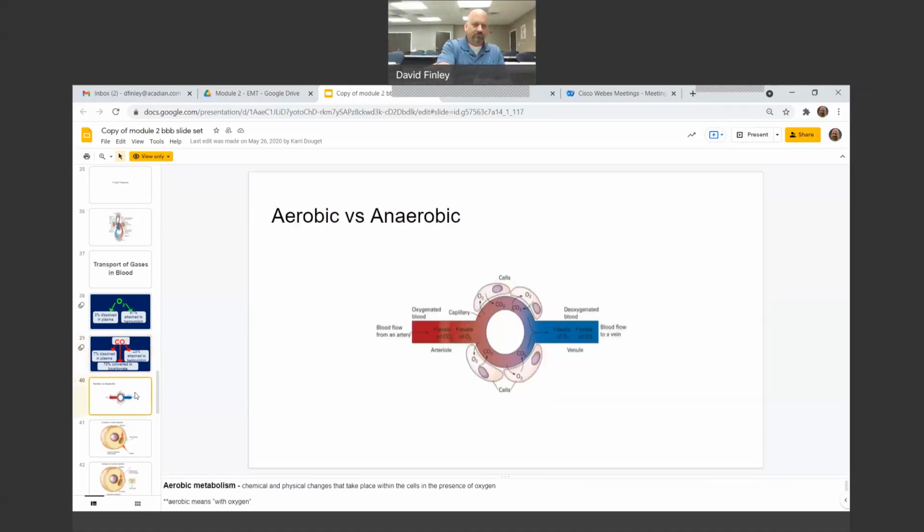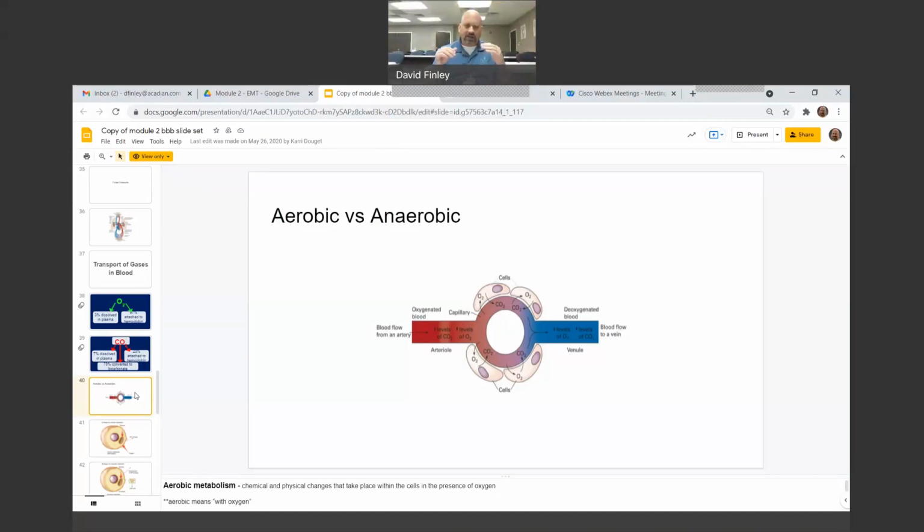Moving on. All right, so let's talk about aerobic versus anaerobic metabolism. Okay. So what this is showing you right here, it's just showing like a capillary and the little cells around it, and those communicating with each other are exchanging oxygen and carbon dioxide.